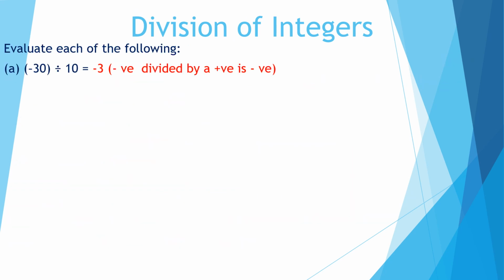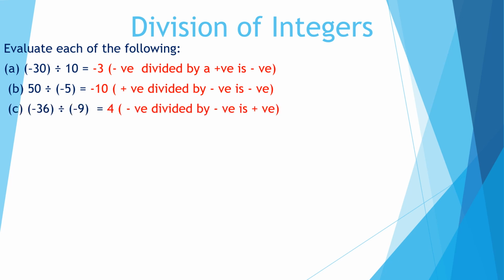Now let's do some book sums. A negative integer, 30, divided by a positive integer, 10, will be negative. So minus 3. A positive integer divided by a negative integer, the answer will be negative. So minus 10. Minus 36 divided by minus 9.